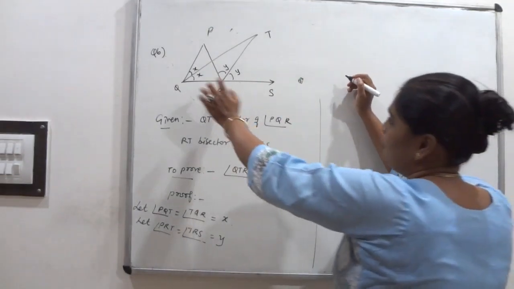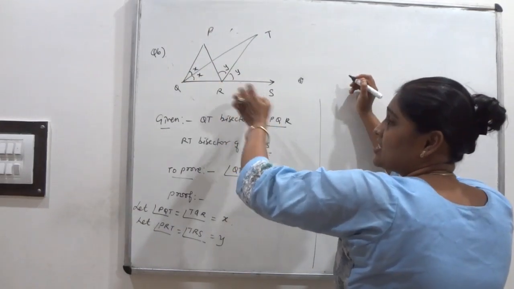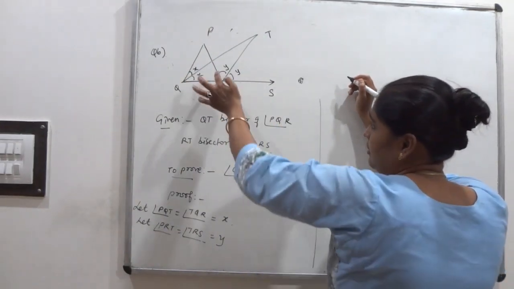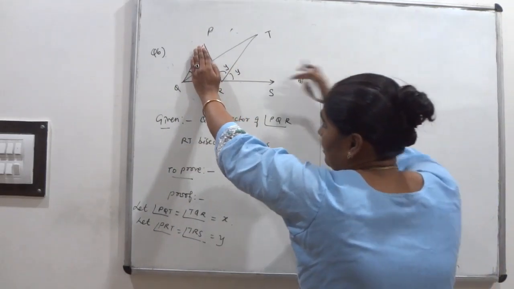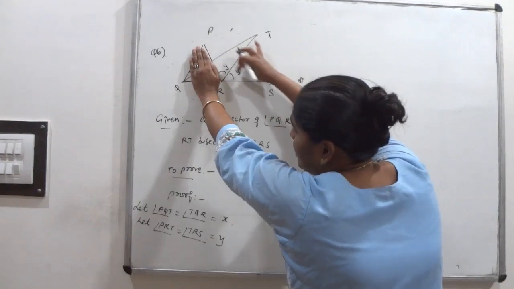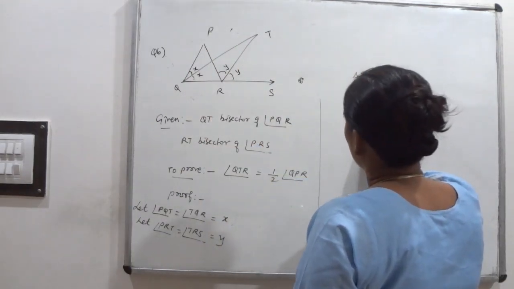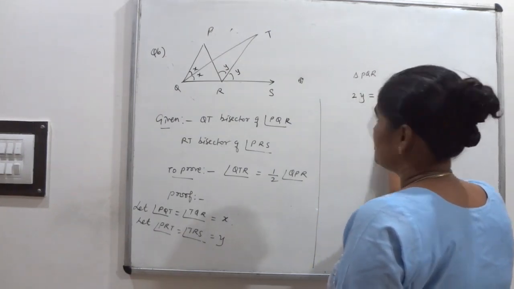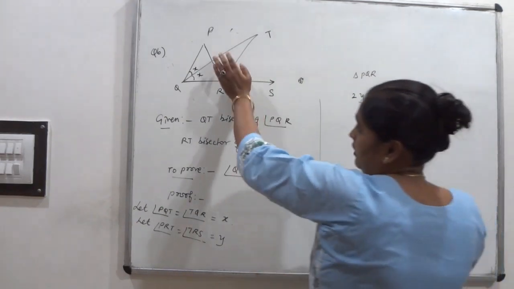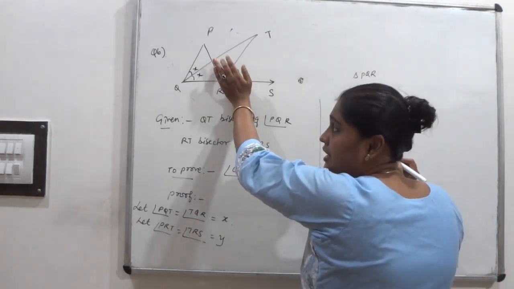So now write first. Suppose I am taking triangle PQR. What is the exterior angle of this triangle? This is 2 times of angle y. In triangle PQR, the exterior angle, that is 2y, is equal to the sum of opposite interior angles.